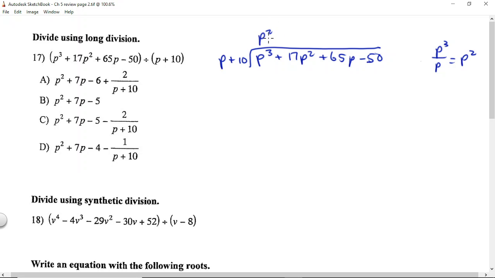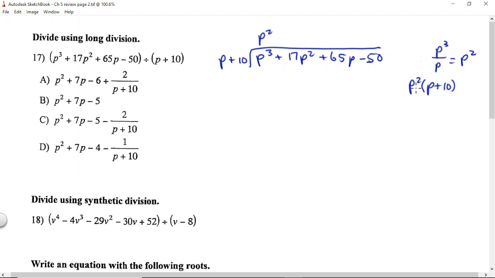And then we take p squared times this, and we write that down underneath. You don't have to write this down, but it doesn't hurt.